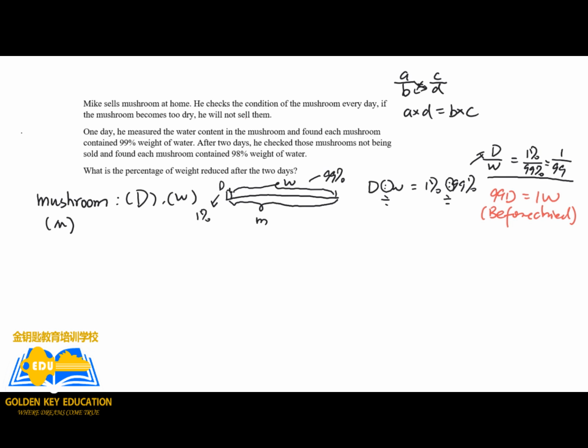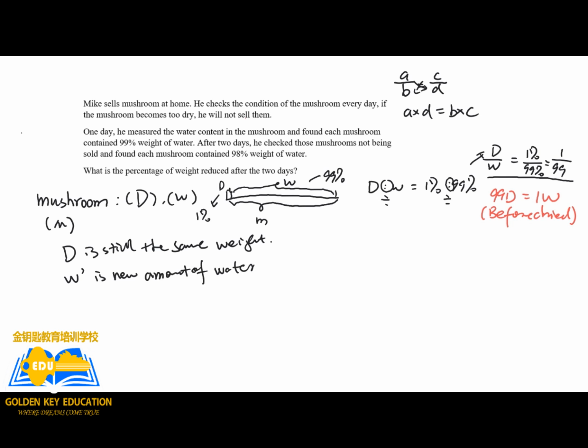All right, so what happens if our mushroom is dried? We need to understand that the dry mushroom is still the same weight because it doesn't lose any weight. What really happens is the water being lost. Let's say W prime is the new amount of water.